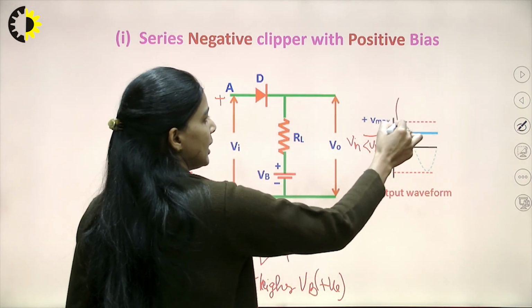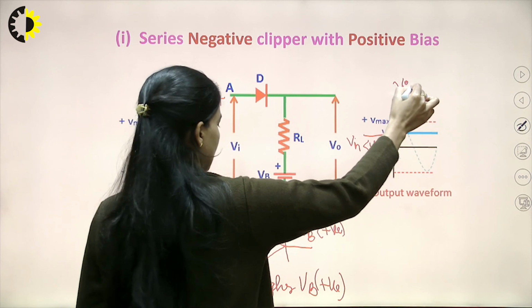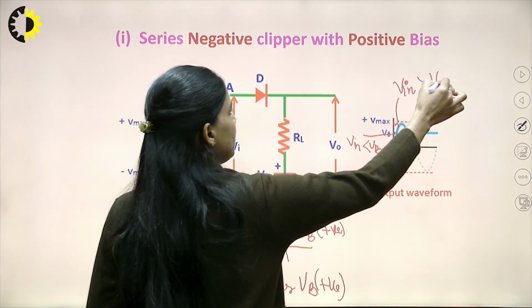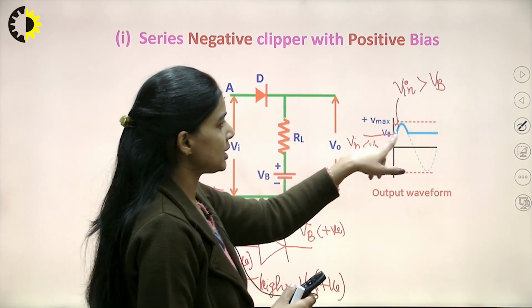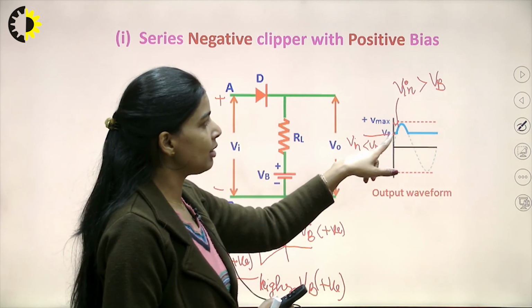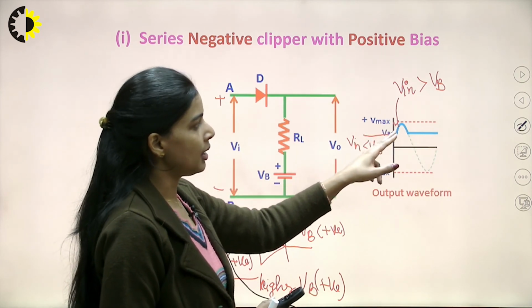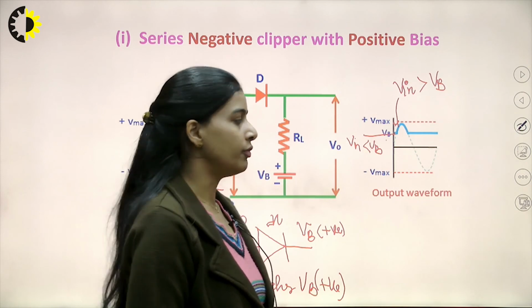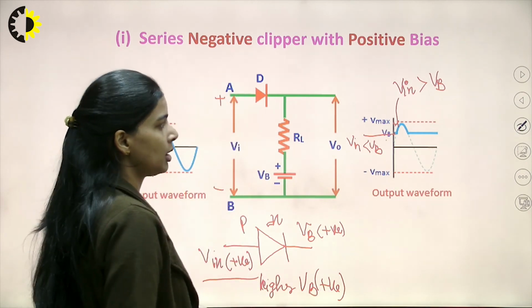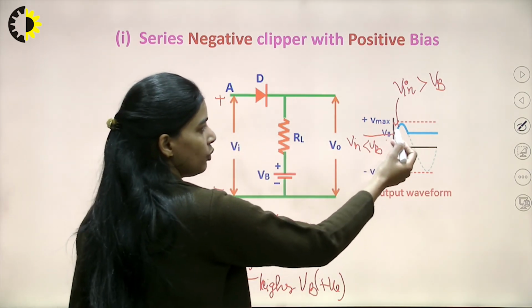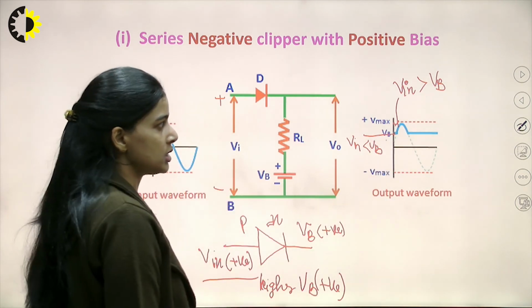Beyond this, V in is greater than VB, and as the input voltage pulse achieves a value higher than VB, this diode will be forward biased and we get output voltage.